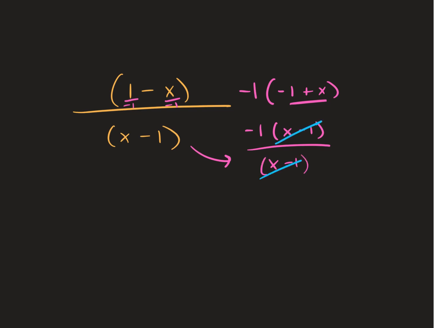So then these cancel, and what am I left with? Negative 1. So if it's almost exactly the same thing, see if you can take out a GCF, like a negative, and just flip the signs. But that negative 1 doesn't go away, it's still just out front. It's just the GCF that you divided out.